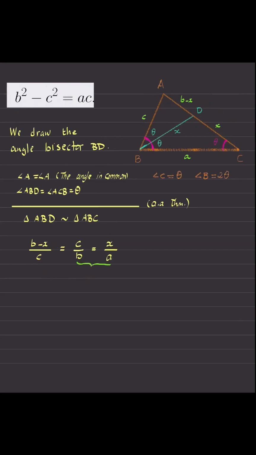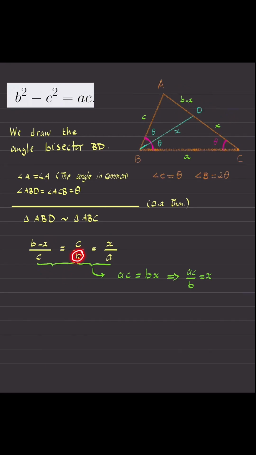For example, let me take these two together first. So what happens from here? A times C is equal to B times X. But divide everything by B, so AC over B becomes X. This is one relation. Okay, now let us take these together. Then what happens?